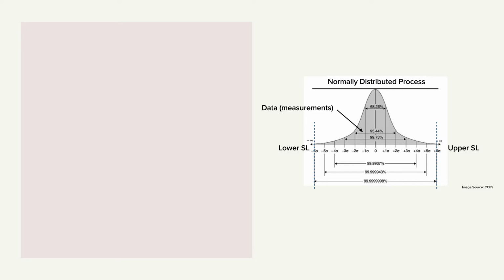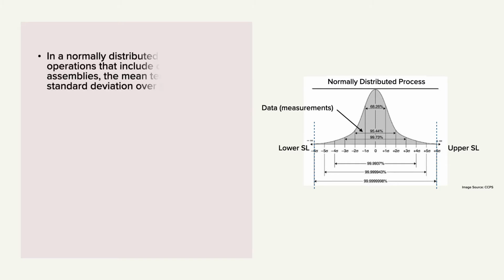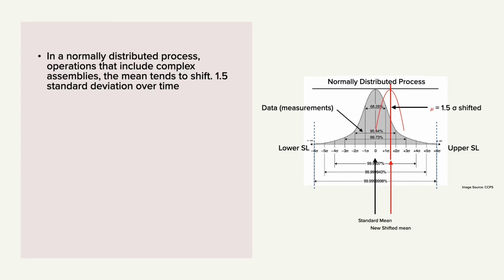What Motorola Group found was that in a normally distributed process like this, for operations that include complex assemblies, the mean of the process tends to shift, and it shifts 1.5 sigma to the right. That is 1.5 standard deviations away from the standard mean.